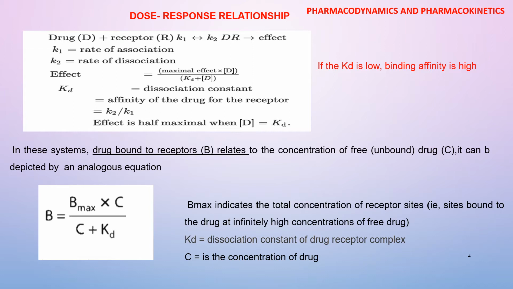Here, the Kd value is the drug concentration where the effect or receptor occupancy is half maximal. Based upon this, the earlier formula can be modified as B is equal to Bmax times C divided by C plus Kd.